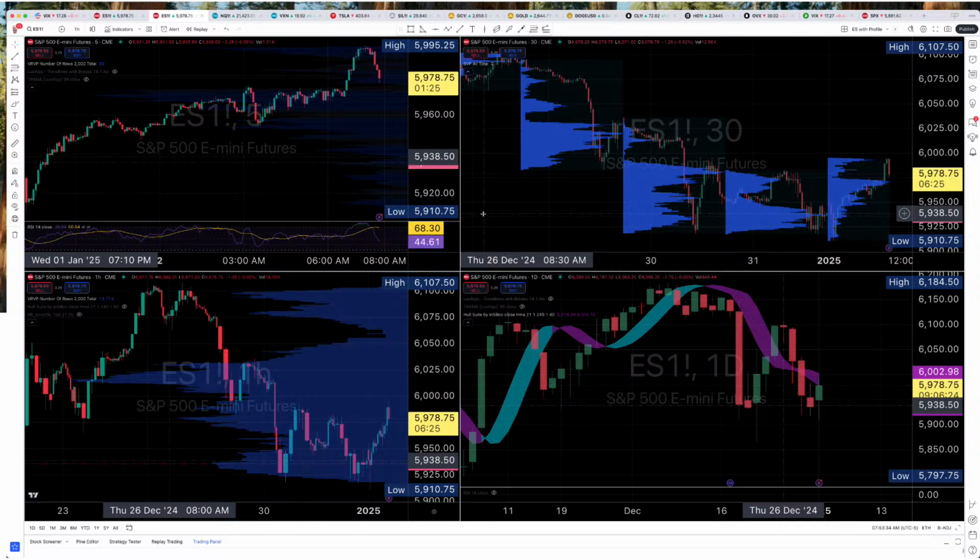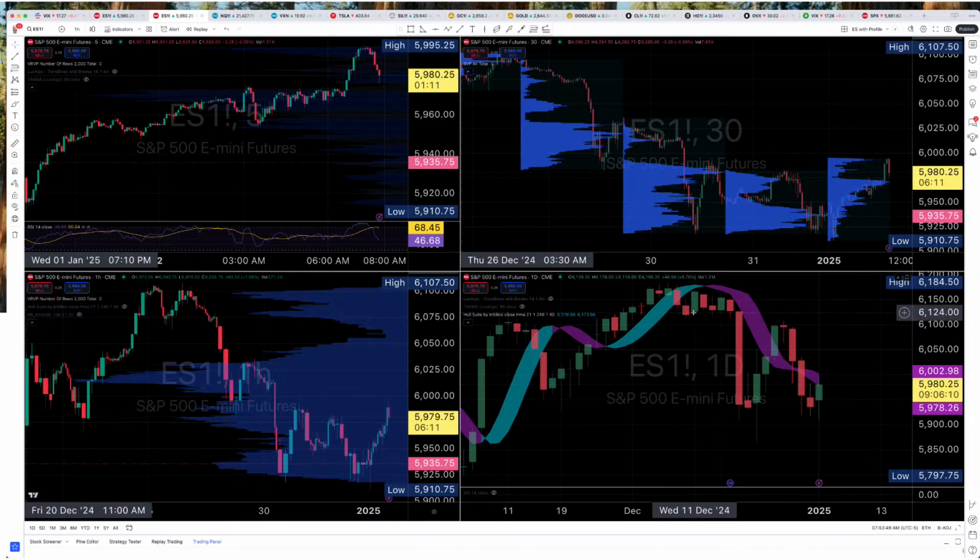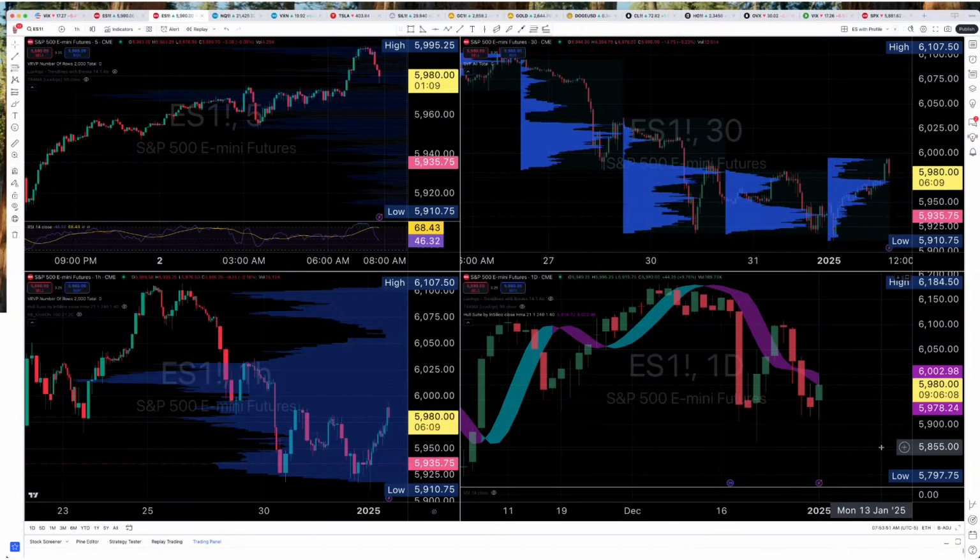But that first day can be anything. Not everybody has come back from vacation yet, so there's definitely going to be lower liquidity, but maybe higher volatility. But we'll start with an out of the money put fly.